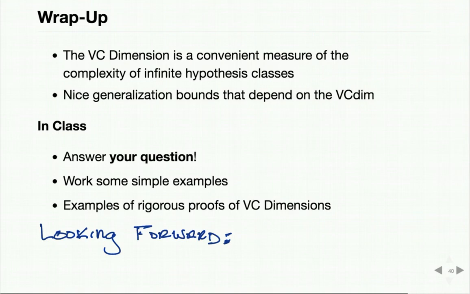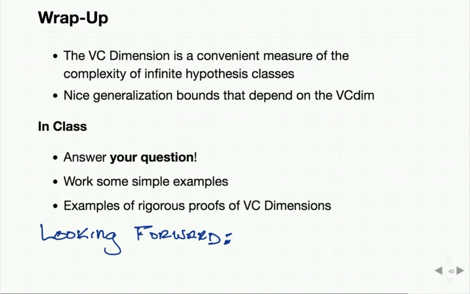Looking forward, we're going to look at a particular type of classifier that seems to defy the pessimistic generalization bounds that we get based on the complexity of infinite dimensional hypothesis classes. In particular, that class of models is called margin maximizing models.